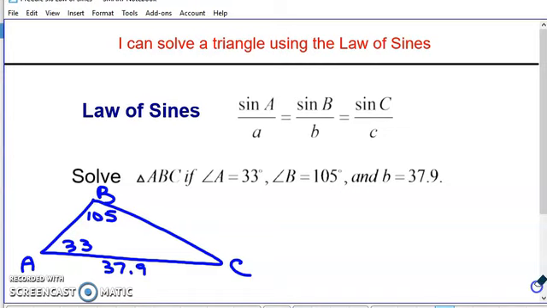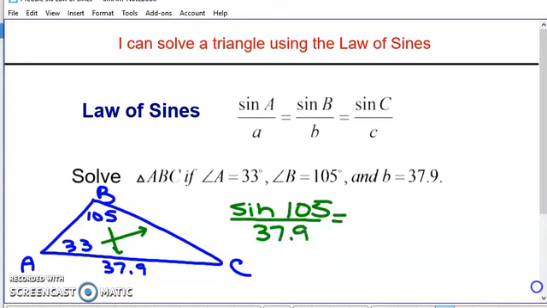So I need to find side A, side C, and angle C. Well, because I have an angle and an opposite side, I can use law of sines. So I'm going to go sine of angle 105 over its opposite side, and sine of 33 over its opposite side.